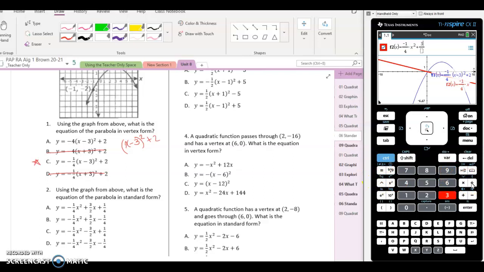I know that line is there. We're just ignoring it. 3 over 2 x, and then plus 1 over 4. So we'll do control divide again. Once we get all of this in here, that line's going to go away. And I hit enter, and there's that.